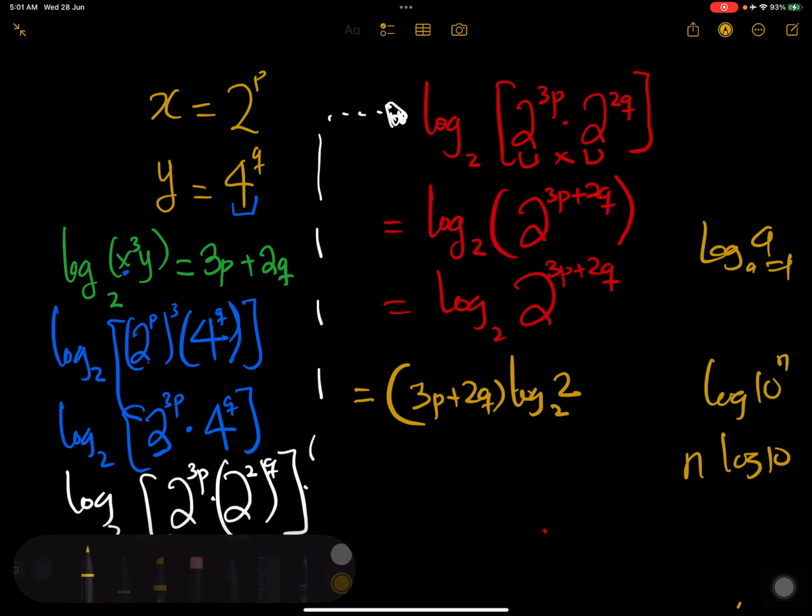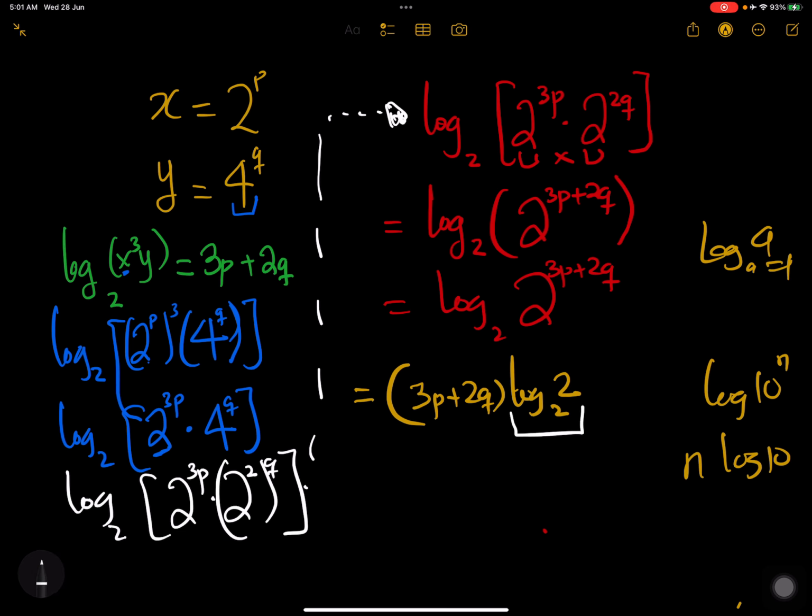So this log 2 to the base 2 is 1, and it's multiplied by 3p plus 2q. So the answer is 3p plus 2q. So we've been able to solve from the left hand side to prove the right hand side.